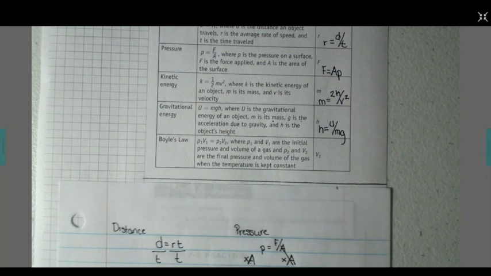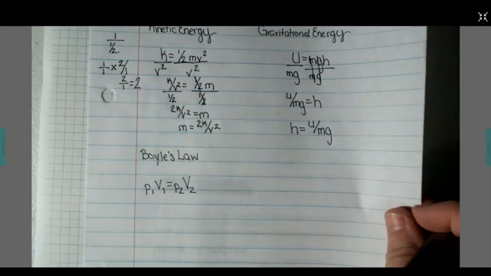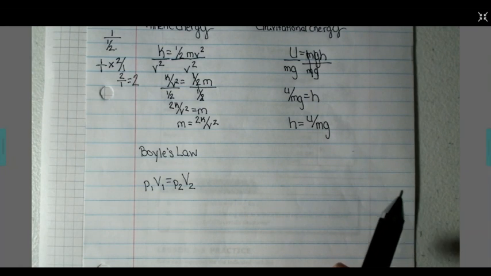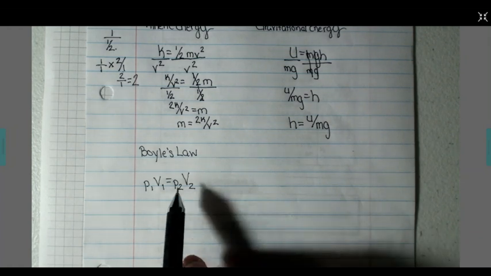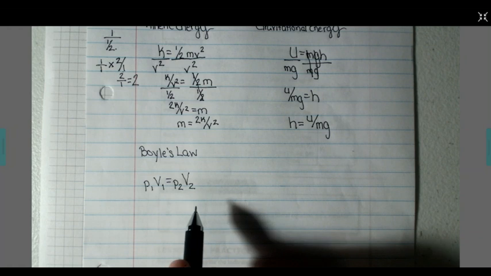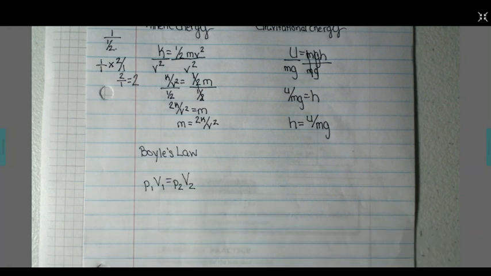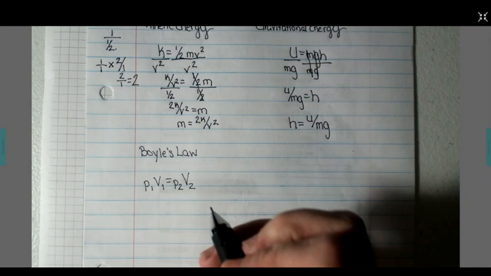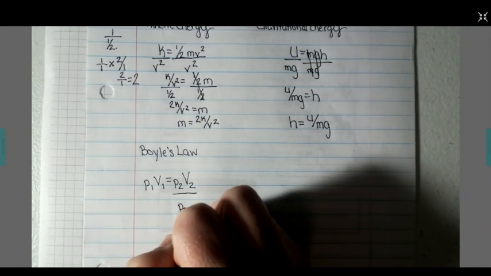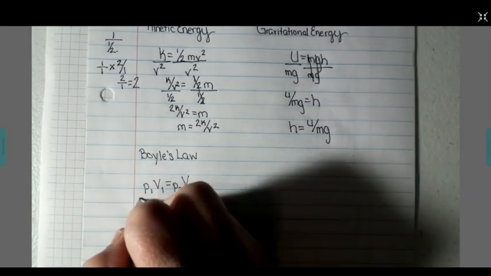And it asks us to solve for V2. So I've got the V2 term isolated, but I do not have the V2 variable isolated. So I have P2 being multiplied to V2. So to do the inverse of that, we're going to use the division property of equality here. And I'm going to divide both sides by P2.